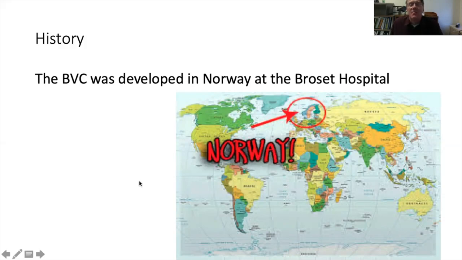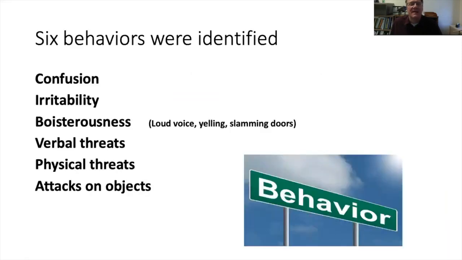And what happened in Bröset Hospital was the researchers there identified certain behaviors that preceded violence. And 6 behaviors in particular were identified, and they were confusion, irritability, boisterousness, it's an odd term, meaning loud voice, yelling, slamming doors, just generally being loud and maybe abrasive, verbal threats, physical threats, and attacks on objects.